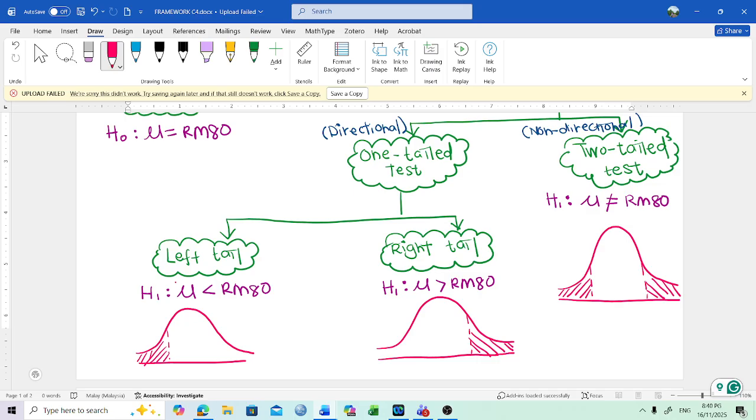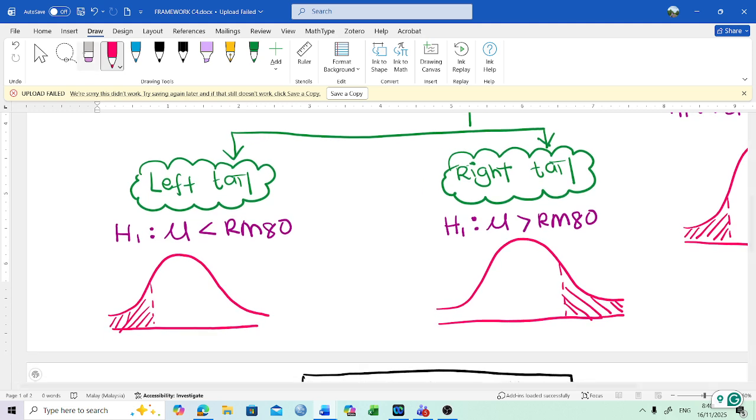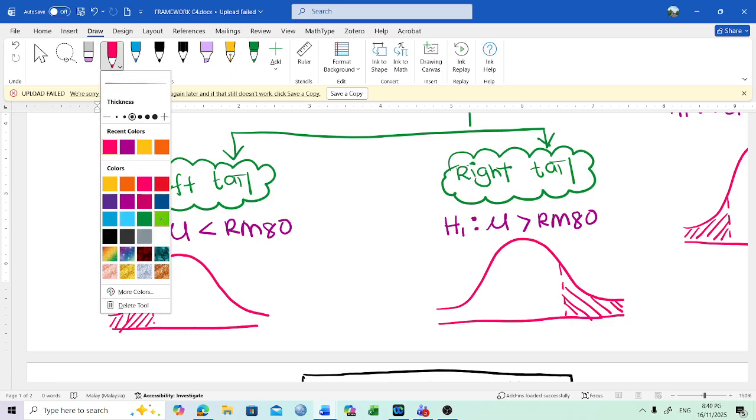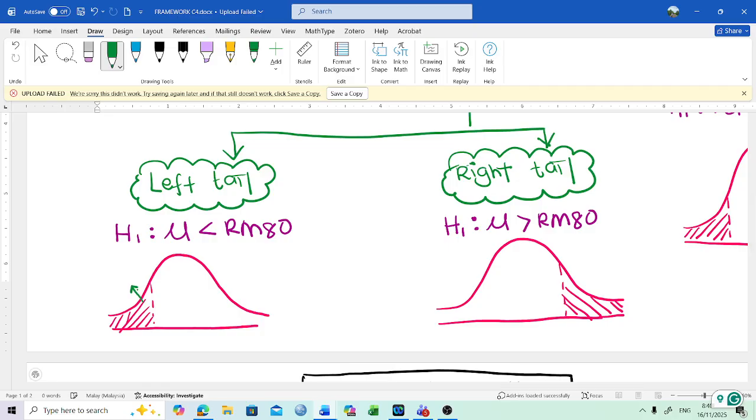As you can see here, there are two regions, the shaded region and the unshaded region, the plain one. The shaded region is known as the rejection region. The unshaded or plain region is the acceptance region.